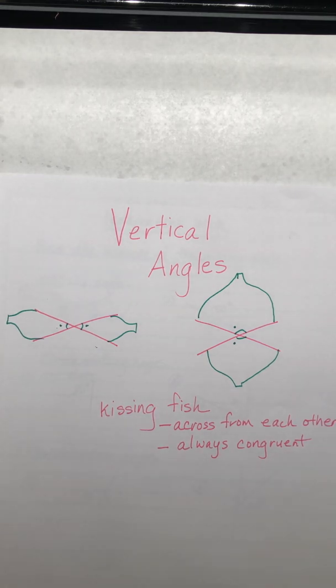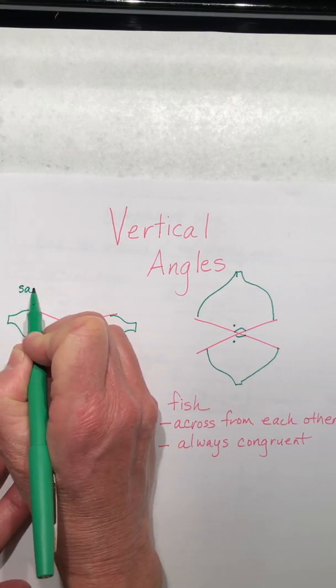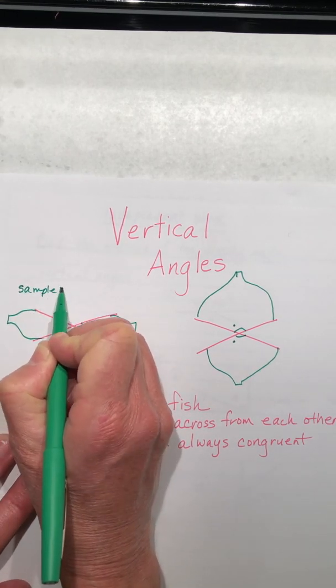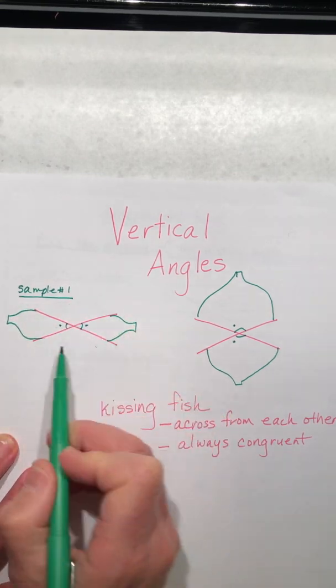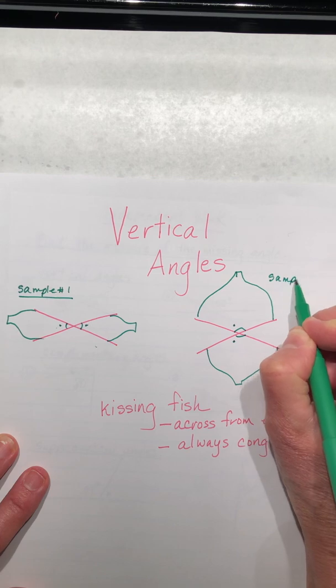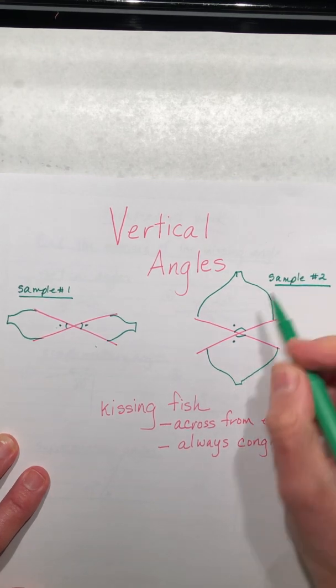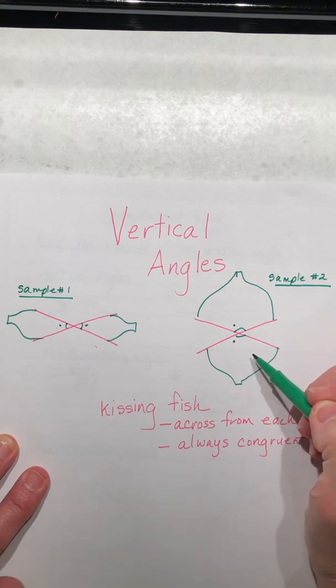So let's do a couple of examples here. So actually, this will be your sample number 1 on your work. A picture like this. And this will be your sample number 2. A diagram like this.